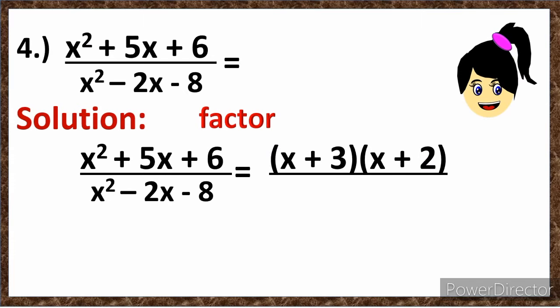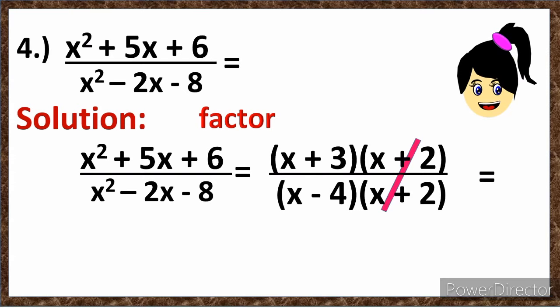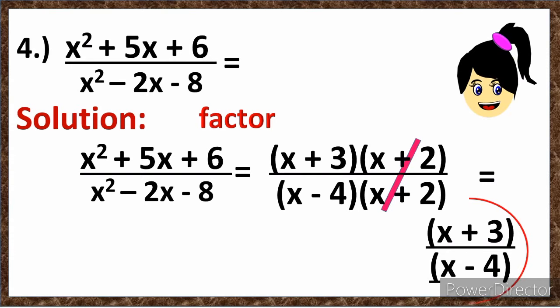And the factor of the denominator, x squared minus 2x minus 8, is x minus 4 times x plus 2. Then cancel out the common to numerator and denominator, which is x plus 2. Then the final answer is x plus 3 over x minus 4.